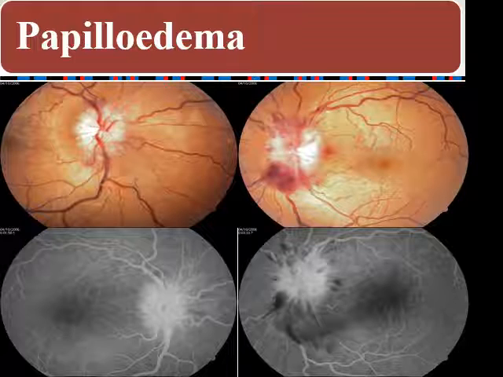Papilledema is a bilateral disease. However, it may be asymmetric, as we can see in this patient. In mild cases of papilledema, there is mild hyperemia and mild blurring of the disc margin.